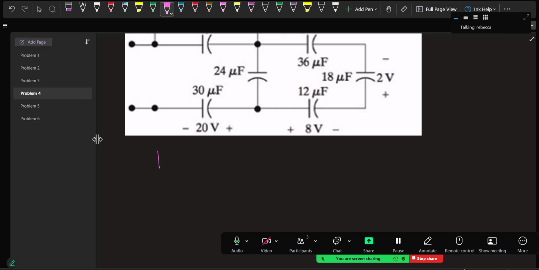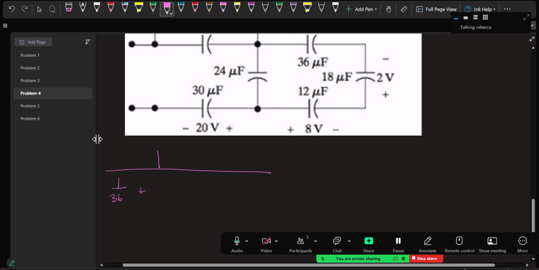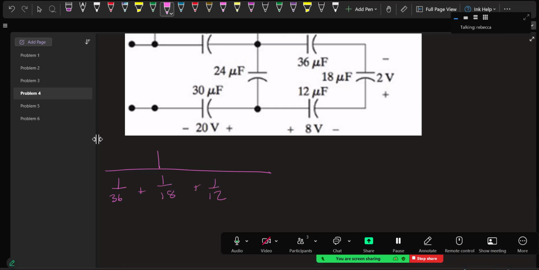So I'm just going to do 1 over 36 plus 1 over 18 plus 1 over 12, because you can't do product over sum with 3. You either have to do 2 at a time, or you do it like this, and that gives us 6.